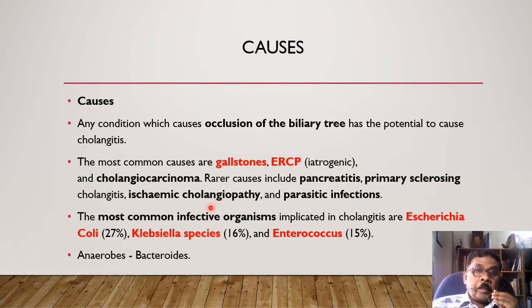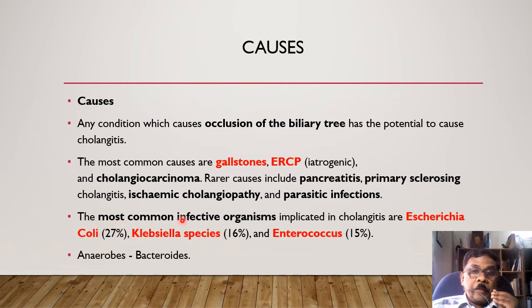Other less important causes are cholangiocarcinoma, acute pancreatitis, primary sclerosing cholangitis, ischemic cholangiopathy, and parasitic infections, which are rather rare these days. So the most important causes will be gallstones and ERCP. ERCP involves instrumentation, and also laparoscopic cholecystectomy or any operations on the biliary system may give rise to cholangitis.